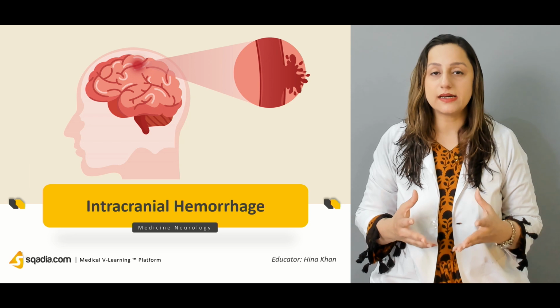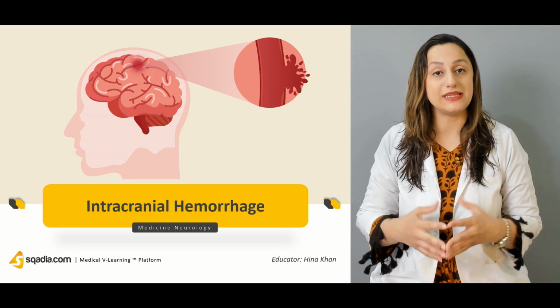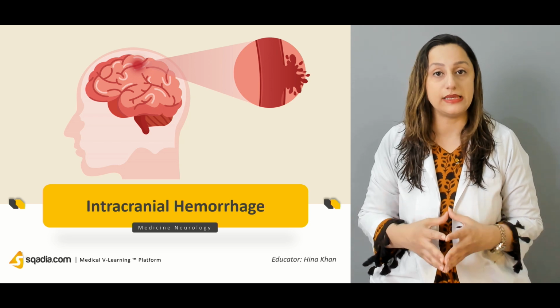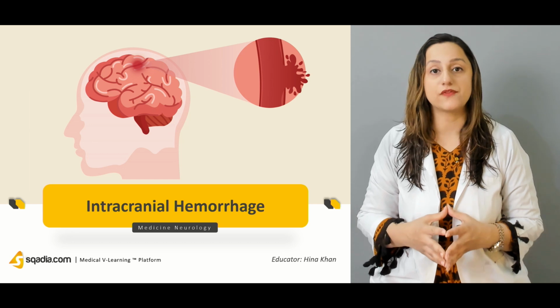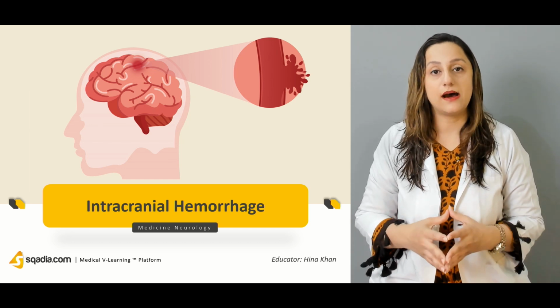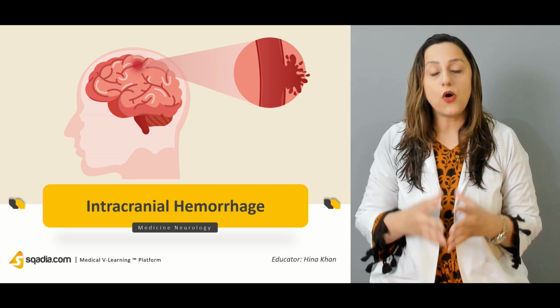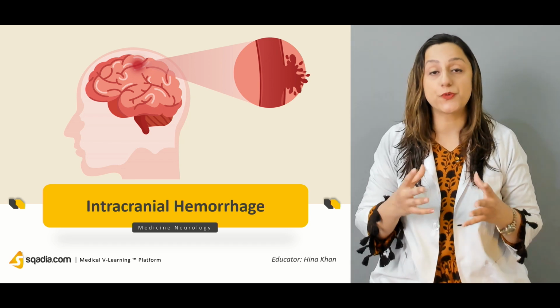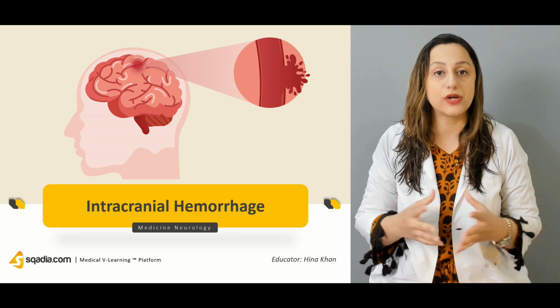The most common areas suffering from these intracranial hemorrhages are the basal nuclei, the thalamus, the hypothalamus, the brainstem areas, and the cerebral hemispheres. All of these areas are most prone to the development and accumulation of intracranial hemorrhages.